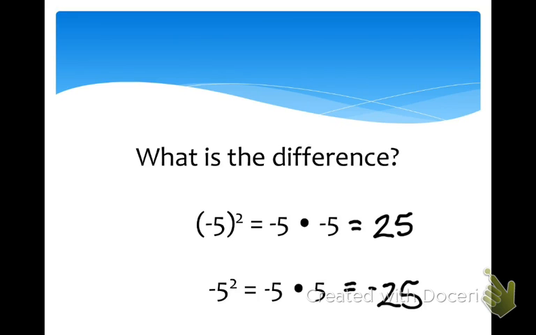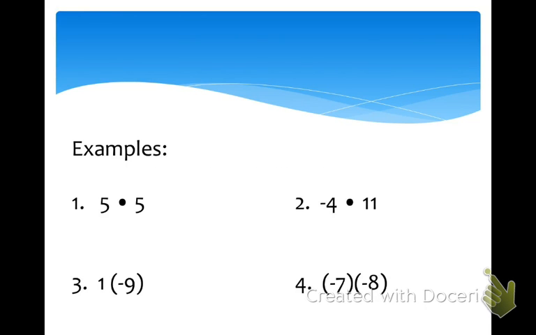Let's try a couple from our page 9. So here are the first 4 examples. Well, we've already done number 1, which is 5 times 5. We know those are the same signs, so it's going to be positive. 5 times 5 is 25.